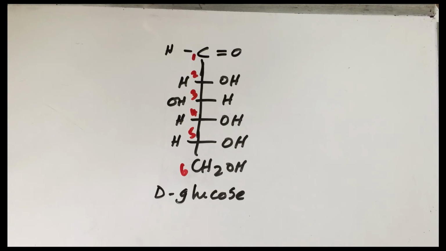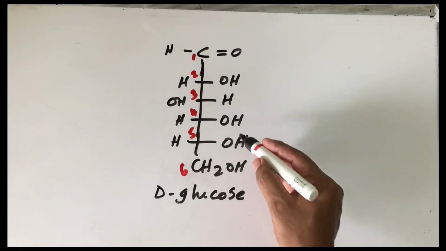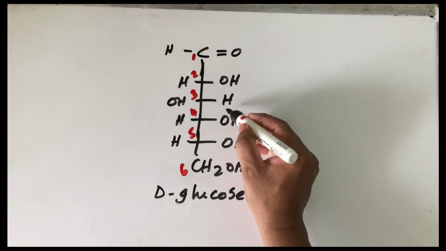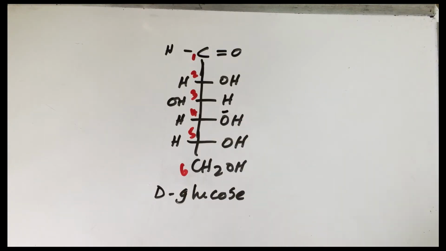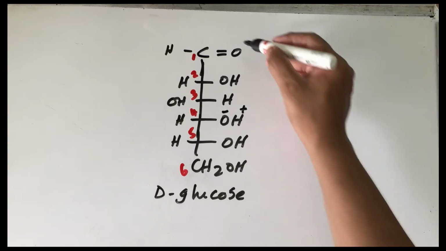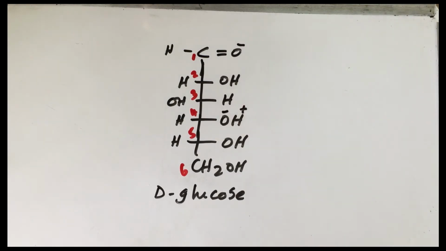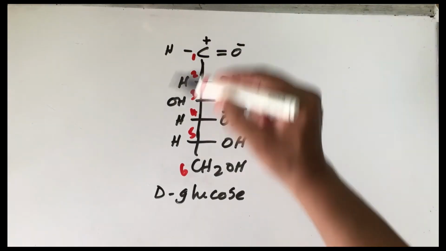In the earlier video, we have seen that interaction between carbon number 1 and 5 can result in a pyranose ring structure. Now let us look at another possibility. In the case of carbon number 4, there can be a negative charge on oxygen and a positive charge on the hydrogen, similar to what we saw earlier, where oxygen has a negative charge and carbon has a positive charge.